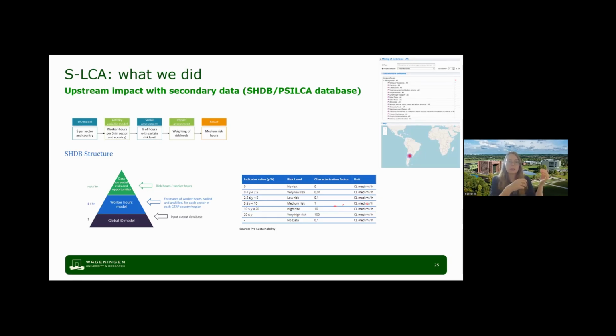Then you have a low amount of hours times a high risk level, but you can also be working a lot in another part of the value chain with a low risk. So then it's a lot of work hours times a low risk score. And then the final unit we work with is medium risk hours.